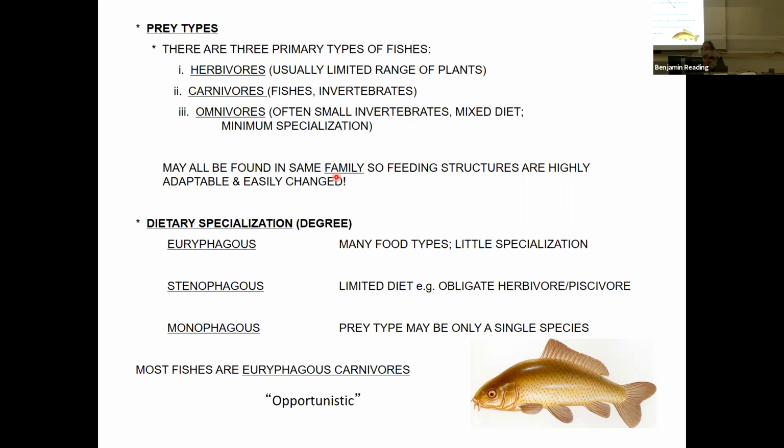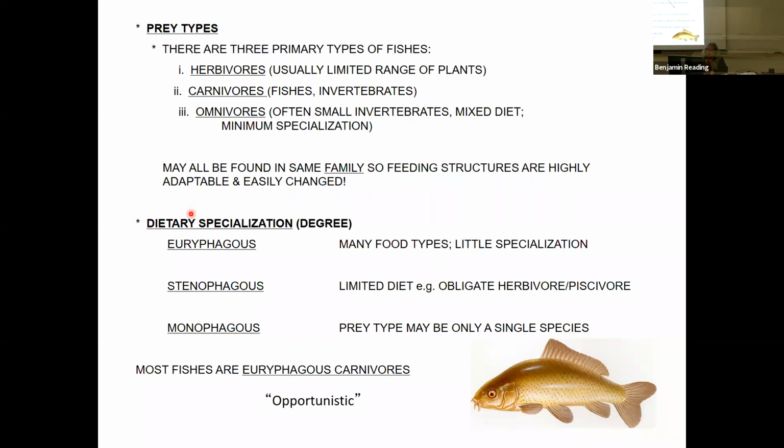So it is very highly adaptable, very easy to change. Once we designed this sophisticated jaw, all we have to do is make slight modifications to it to say, are we eating plants or are we eating animals, or shoot, let's just go ahead and eat both. Doesn't really matter. If it's got energy in it, let's eat it.